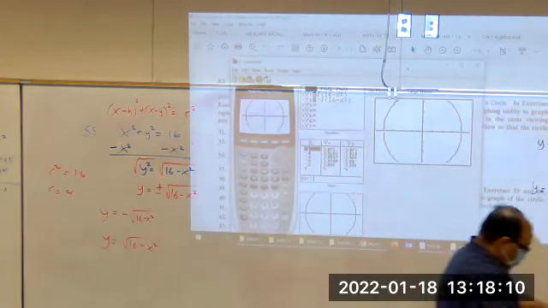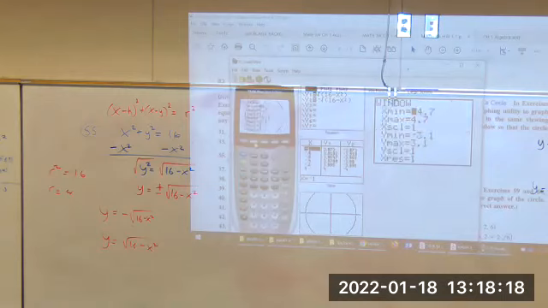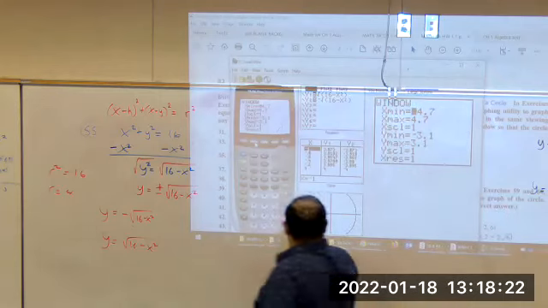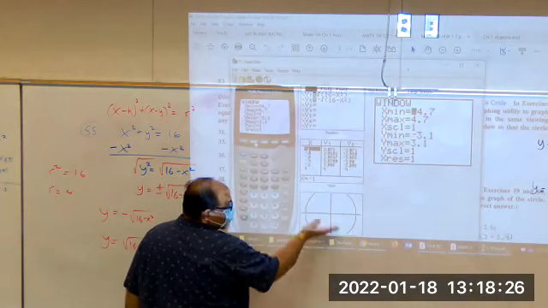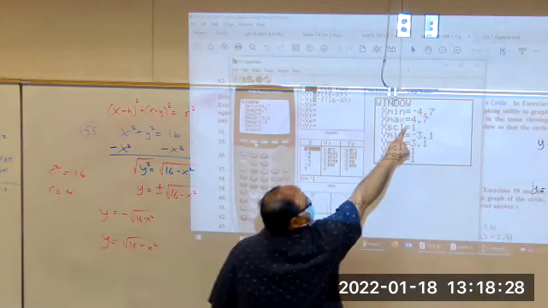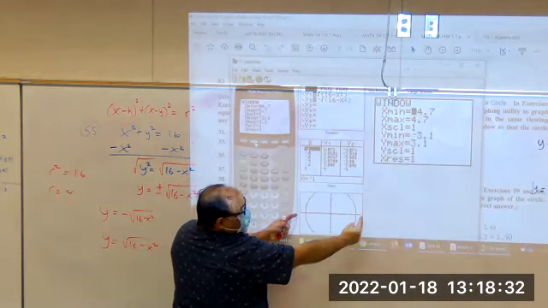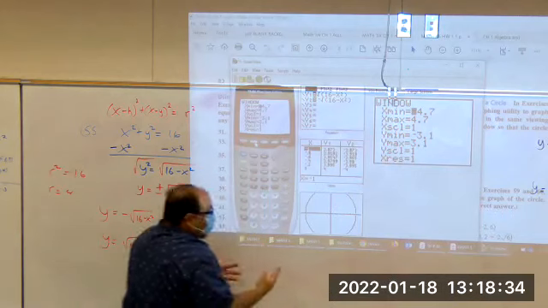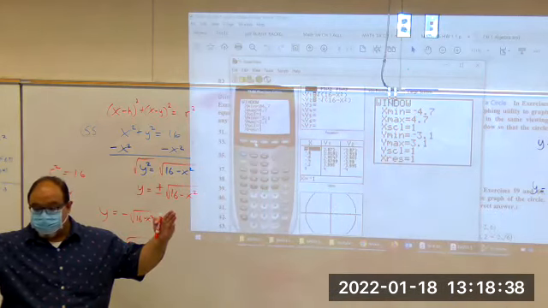So if we look at my graph, here's where you might want to pay attention. When you go to window, it tells you the scale that you're using from left to right and bottom to top. The x minimum is negative 4.7 and the maximum is positive 4.7, which is why we can see the part of the circle from left to right.